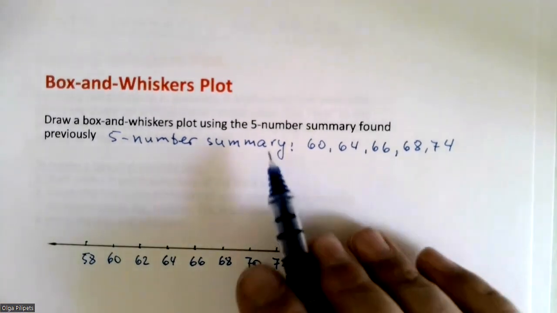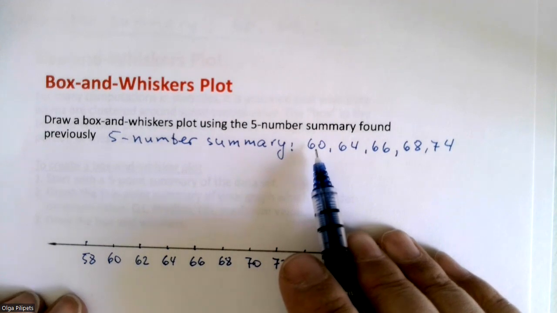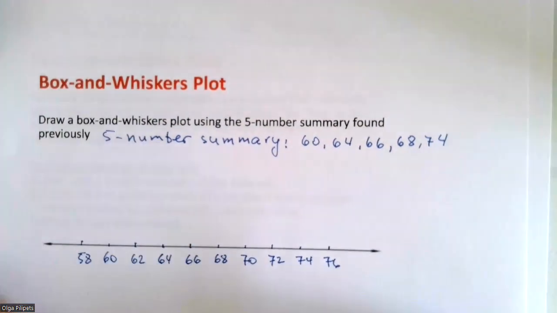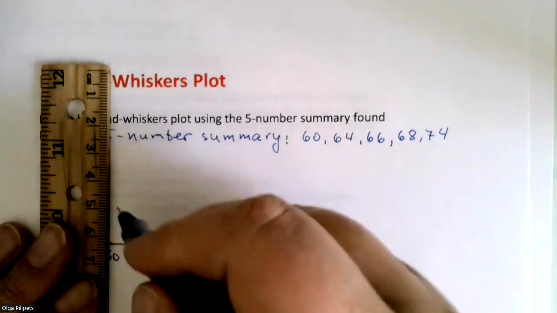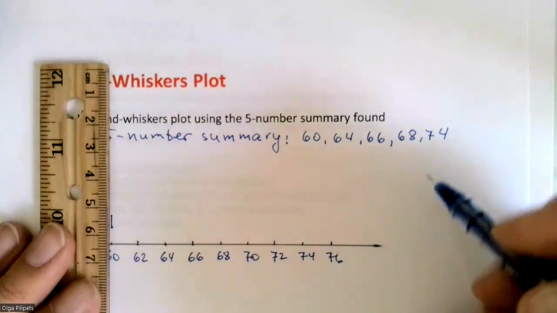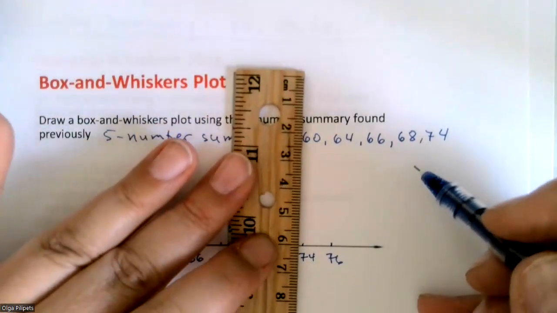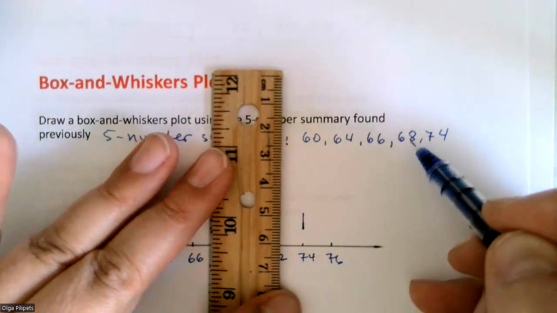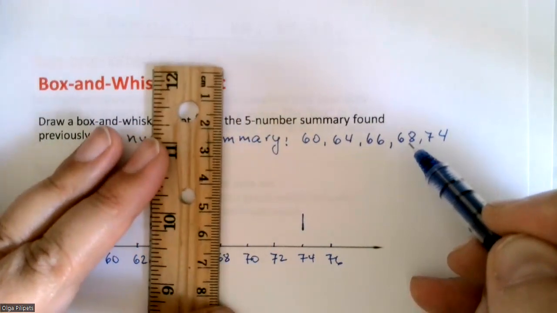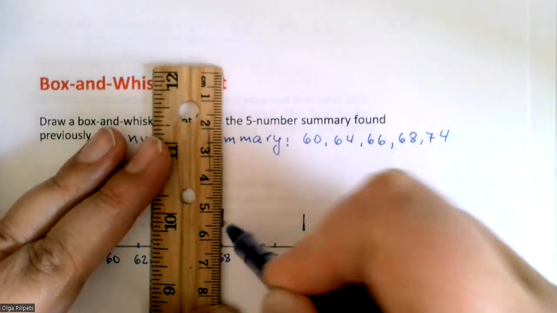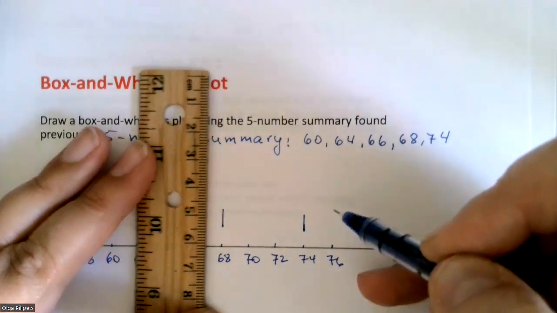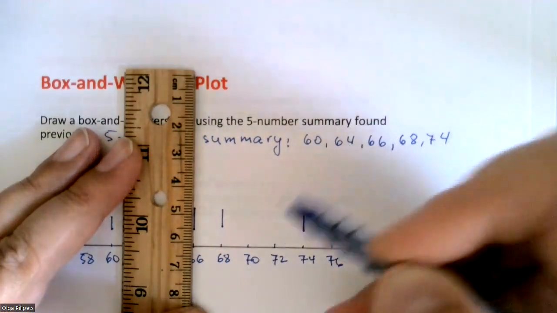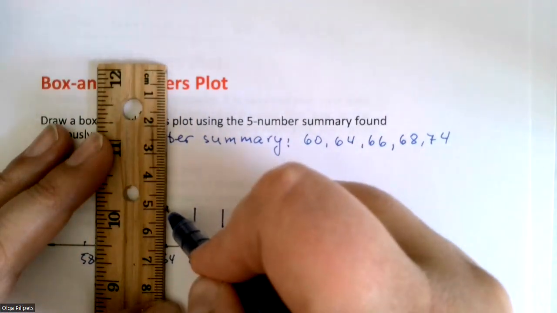Then I'm going to put ticks above each of these numbers. My minimum value is 60, and the maximum is 74. The next one is 68, right here. The next one is 66 right here, and also 64.